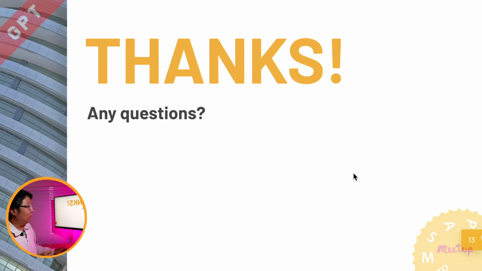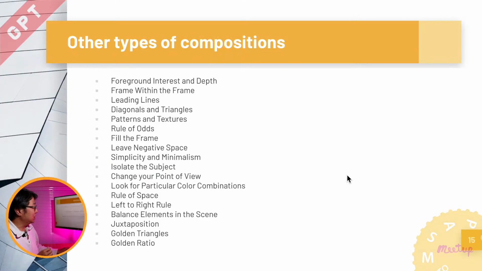And I have one more thing, kind of like a homework. There are a few more different kinds of composition. I just introduced the two most fundamental ideas to you guys. But if you look at my slide, there are tons more ideas, like frame within frame, leading lines, which I explained to you already, diagonals and triangles, pattern and texture, rule of odds.